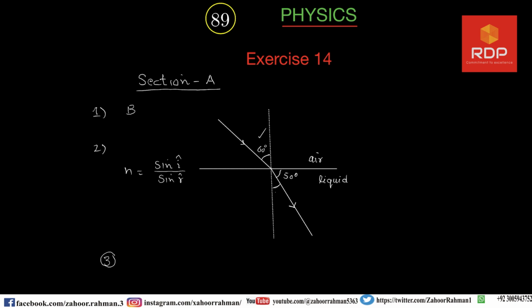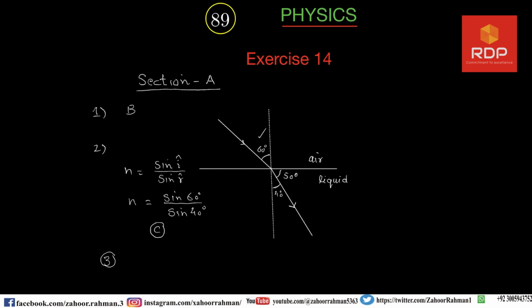So this angle will be 40 degrees. Now n will be equal to sine 60, which is given to us, and the next one will be sine 40, not sine 50. Keep in mind, because that angle is not with the normal. So in this case the correct option they have given us is C.